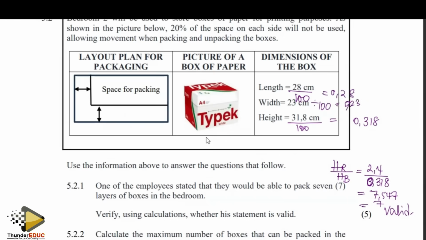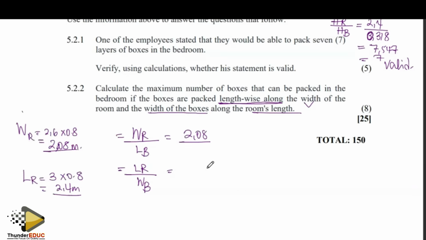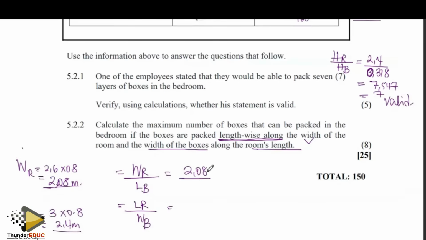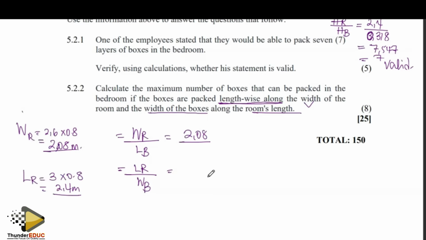And the width is 0.23. So this one here is going to be divided by 0.28, and 2.4 is divided by 0.23.